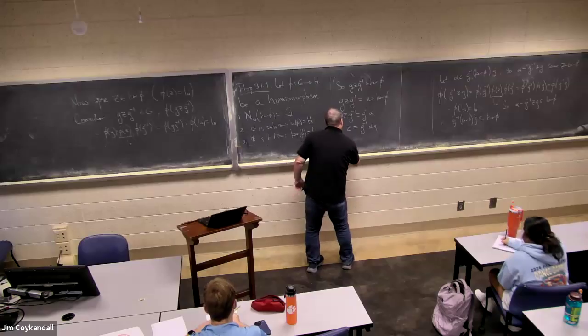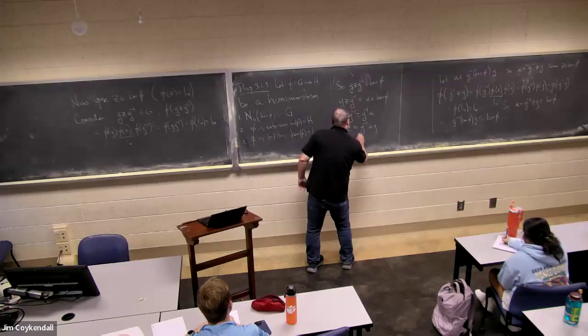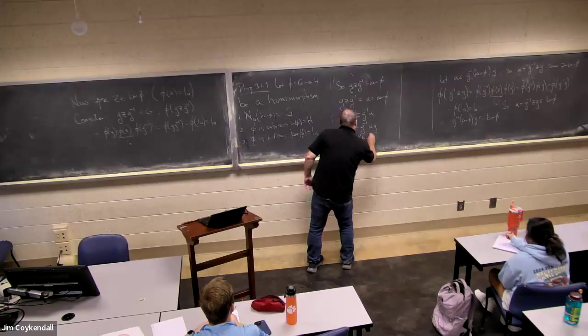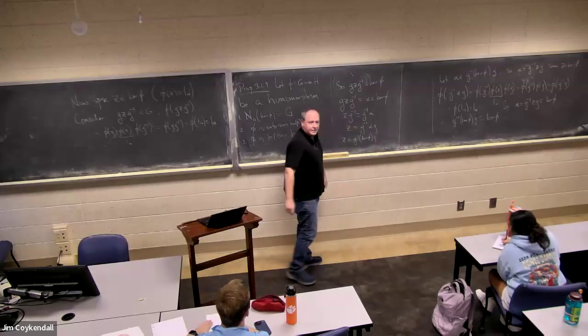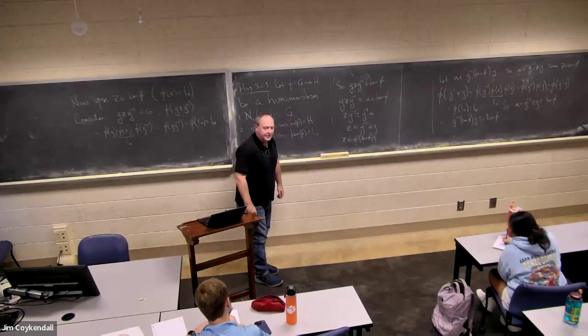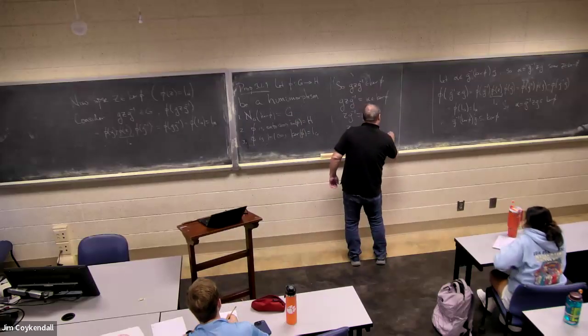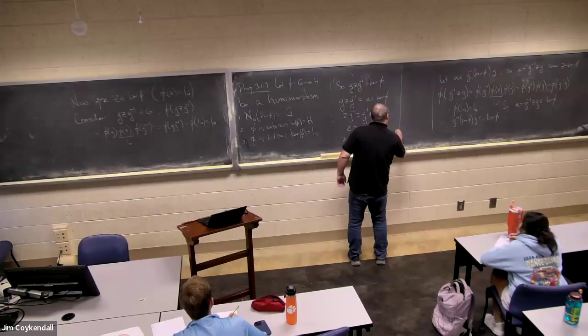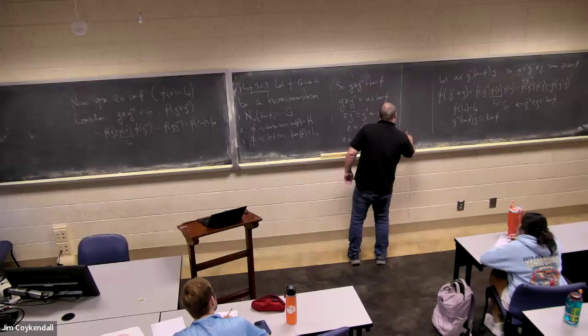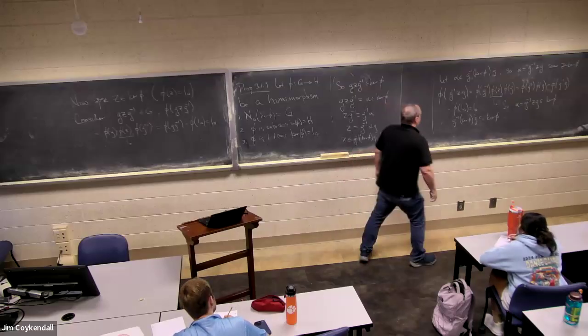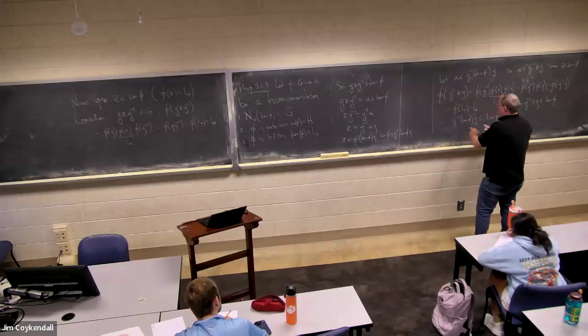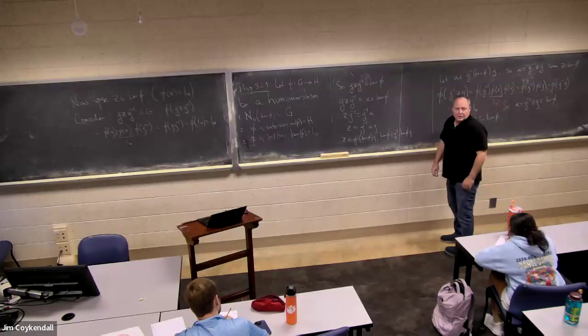So Z is in G inverse kernel of B. And that's the other thing. So we've shown that kernel of B is contained in G inverse kernel of B. So I've got this containment, I've got that containment, so they're equal.